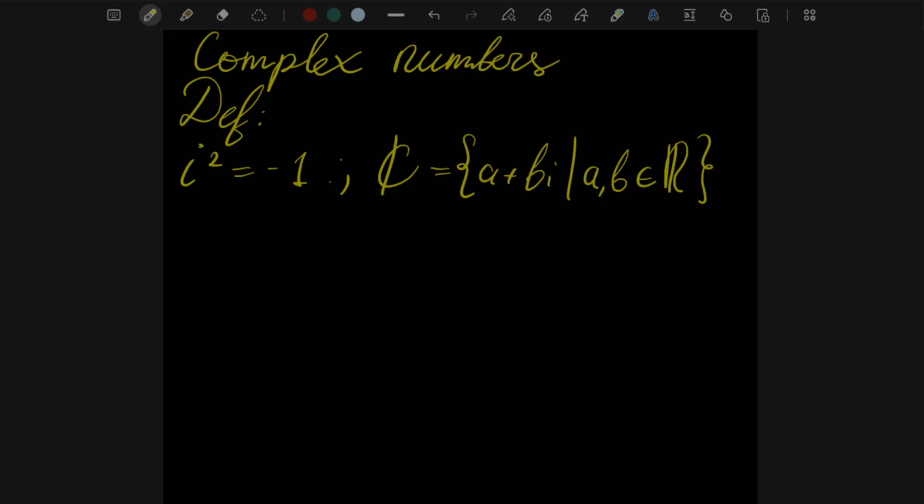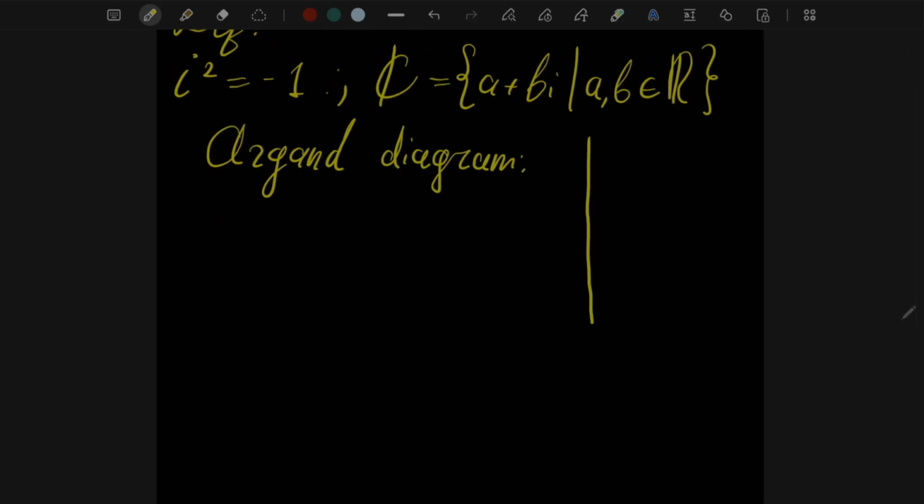So, the Argand diagram. Basically, we can visualize any complex number on the Argand diagram, and we can write it as vectors.